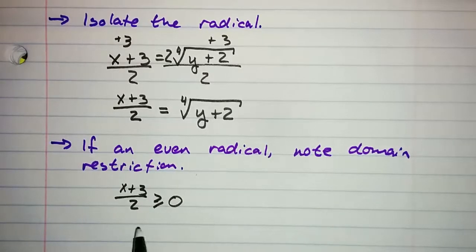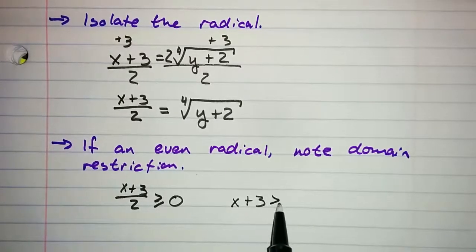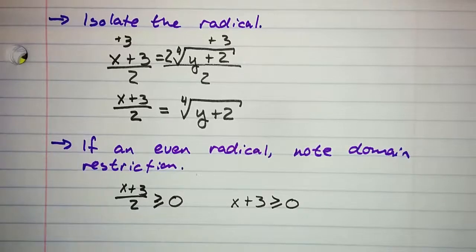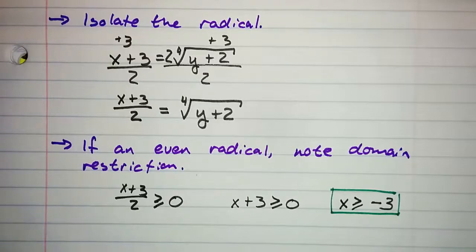Multiply both sides of this by 2. I get x plus 3 is greater than or equal to 0. Subtract 3 from both sides. I get x is greater than or equal to negative 3. This is my domain restriction in this example.